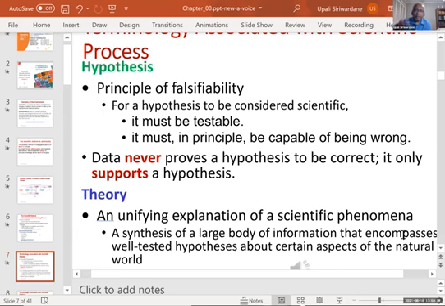When a hypothesis was tested many times and found to be correct, you come up with a unifying explanation of a broad class of similar problems into a theory. Changes of matter, changes of physical state, could be explained by kinetic molecular theory.